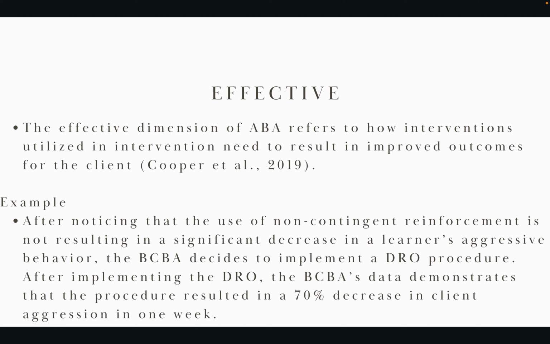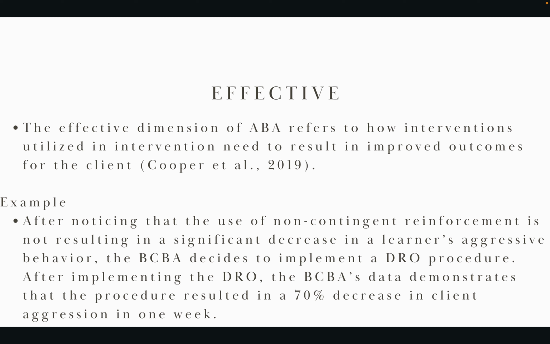So this represents the effective dimension of ABA in that by observing that the original protocol or intervention that was in place was not producing the desired behavior change, the clinician then resorted to a more potent intervention that did produce the desired result, which was decreasing the client aggression.